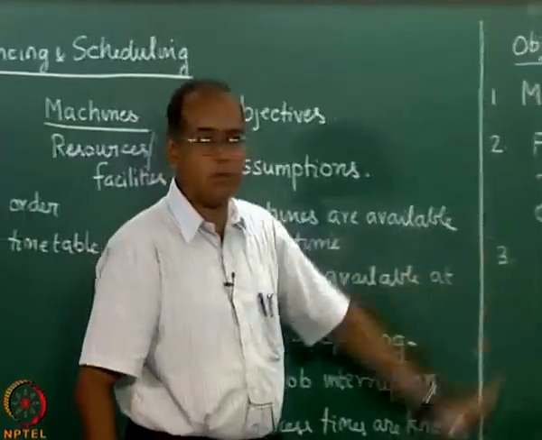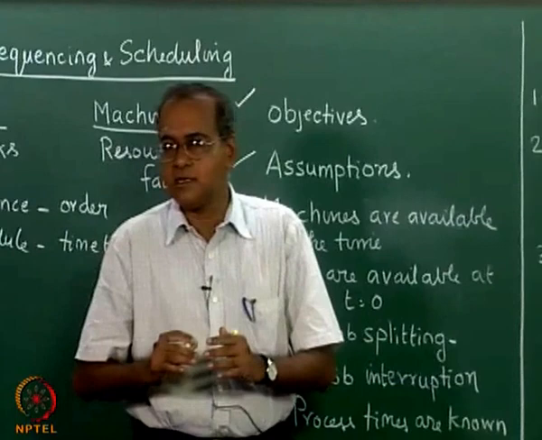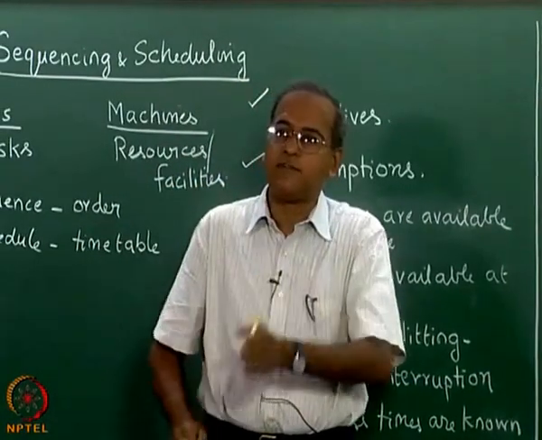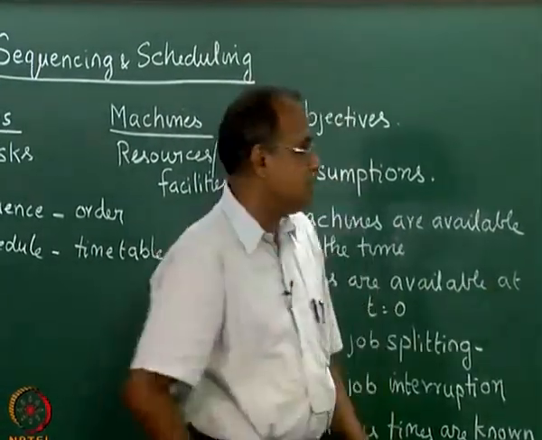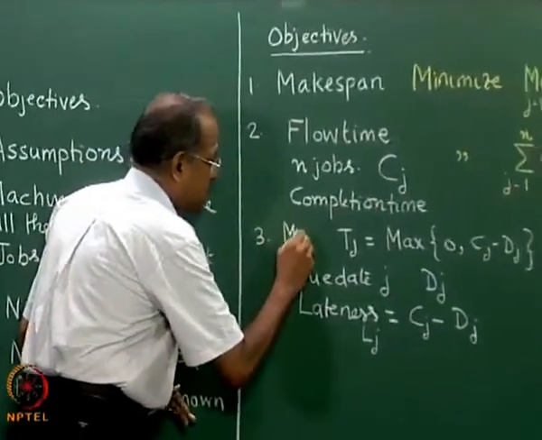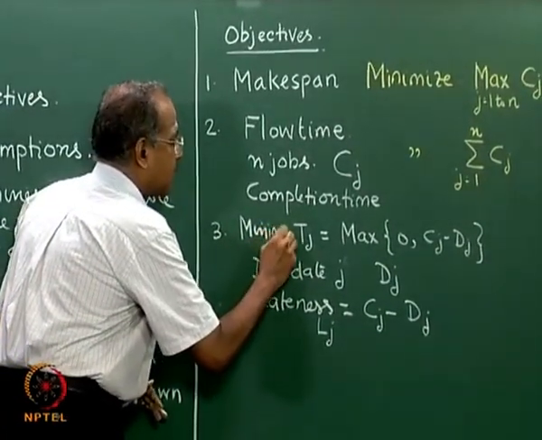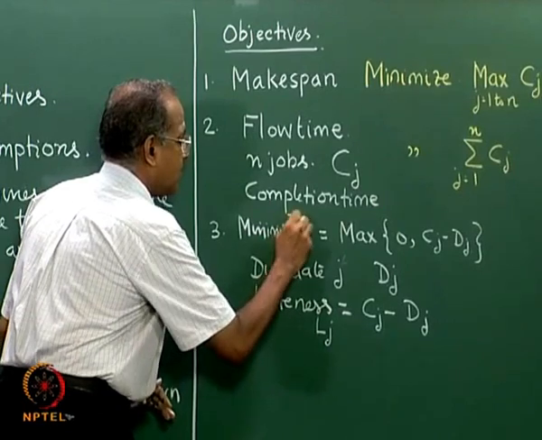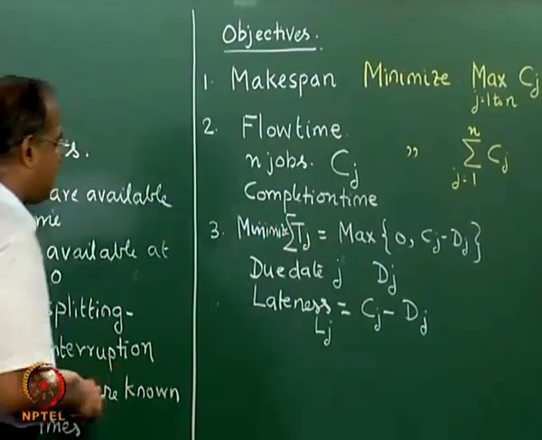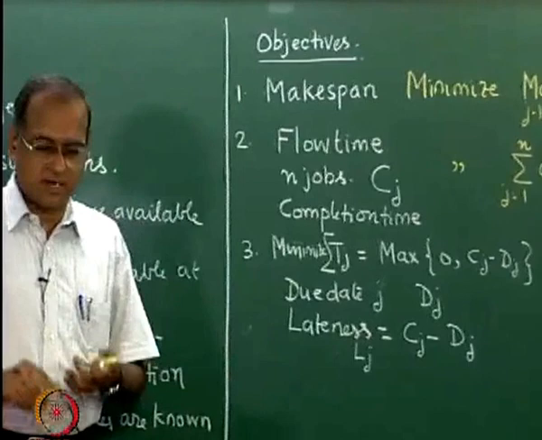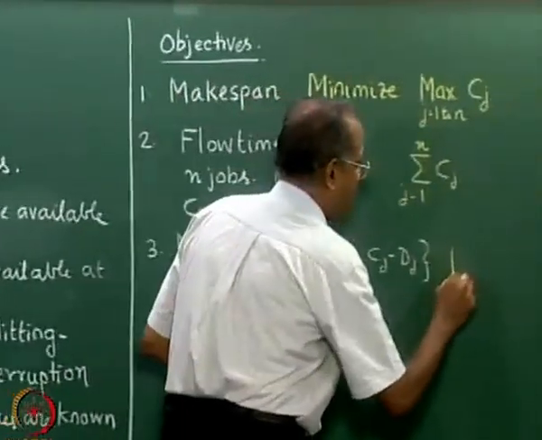So now the objective would be to try and minimize the sum of the individual tardiness. So the third objective is to minimize sigma Tj, which is the sum of the tardiness.